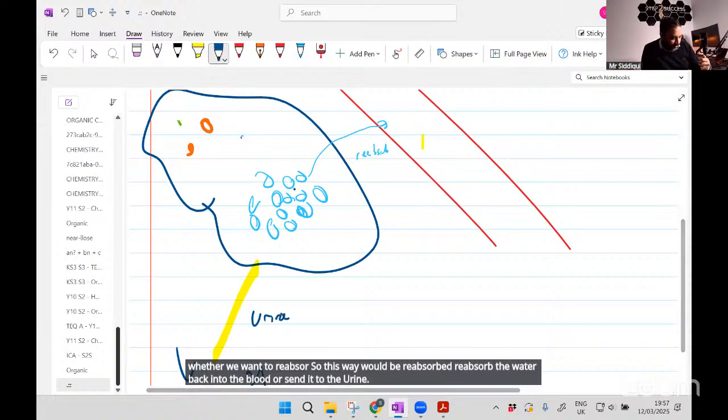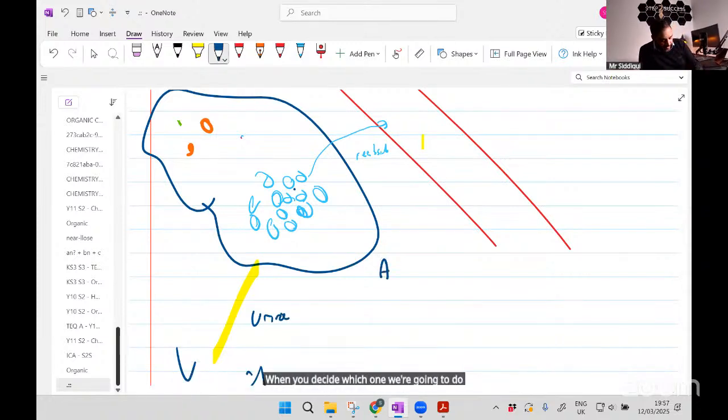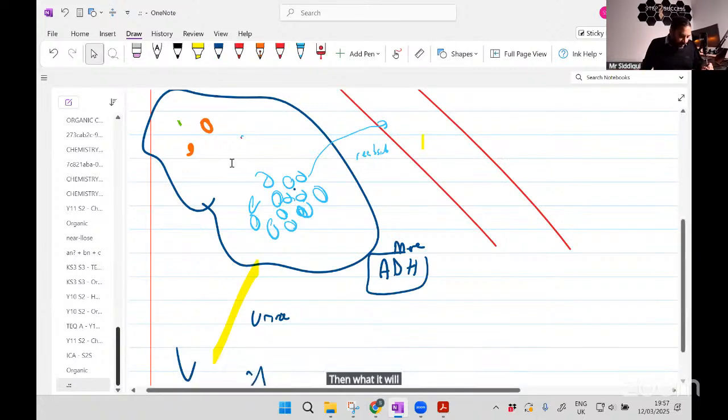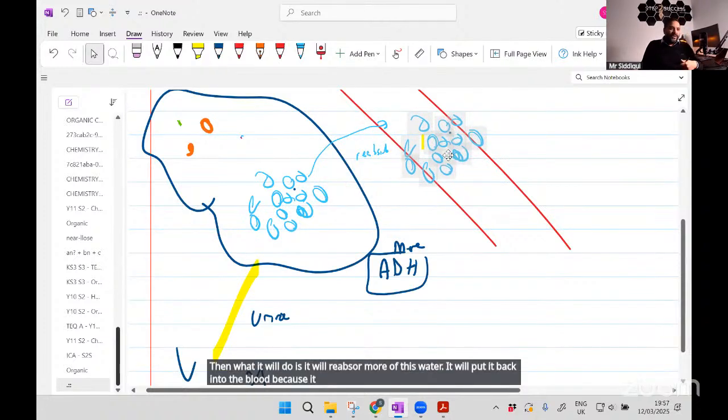Now, the ADH will determine what it does. If there's more ADH that's been released by the pituitary gland, which is controlled by the brain, then it will reabsorb more of this water. It will put it back into the blood because it's a hot day. And it's like, well, we don't want to lose all that water because it's a hot day. So I'll put it all back.